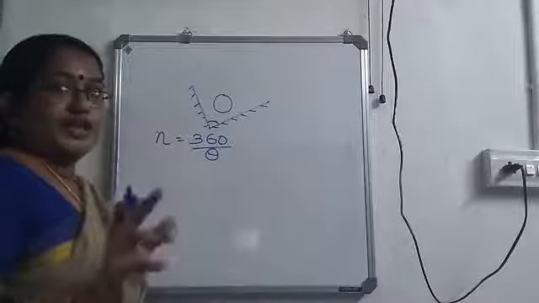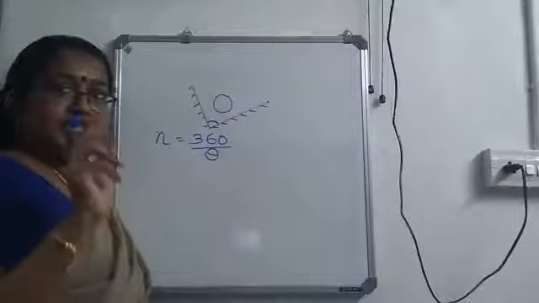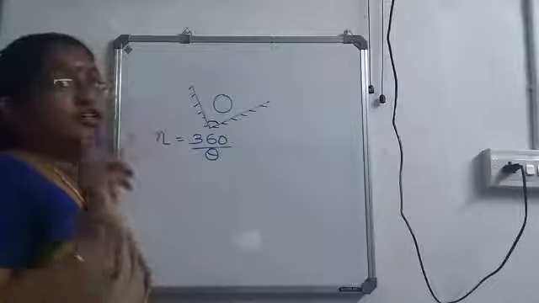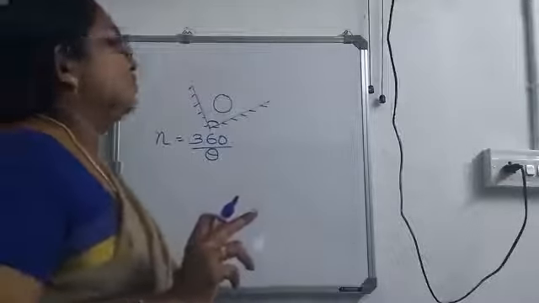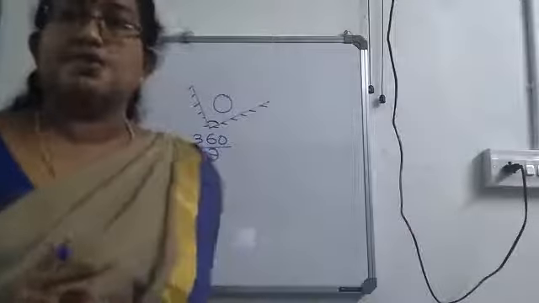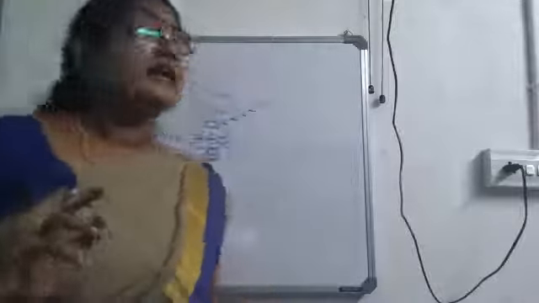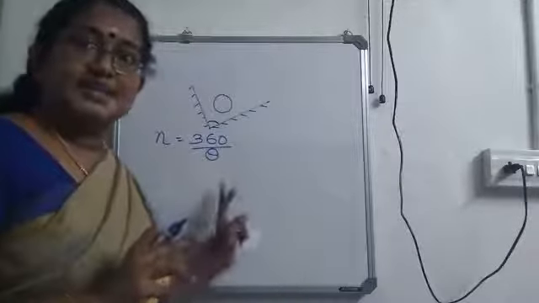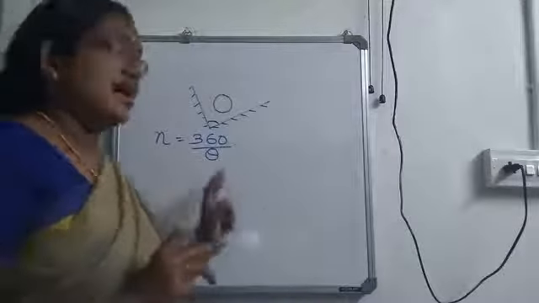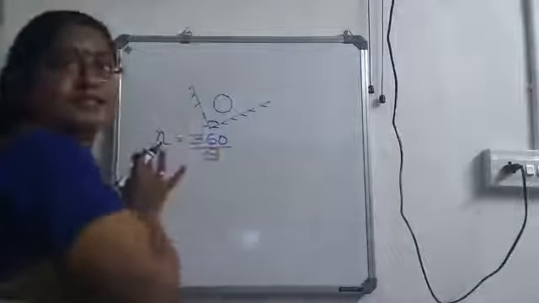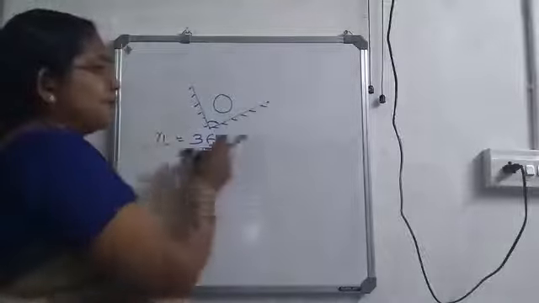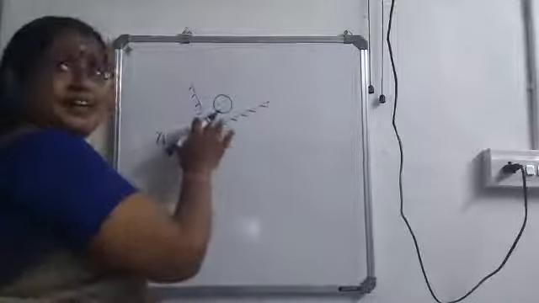In order to calculate the number of images formed between two plane mirrors inclined to each other, we have the equation n is equal to 360 by theta, where n is the number of images and theta is the angle between the two mirrors.